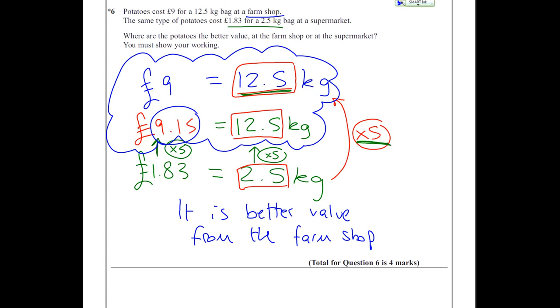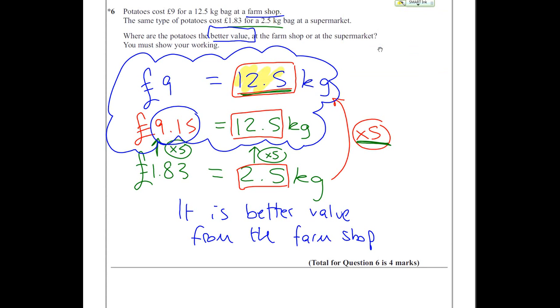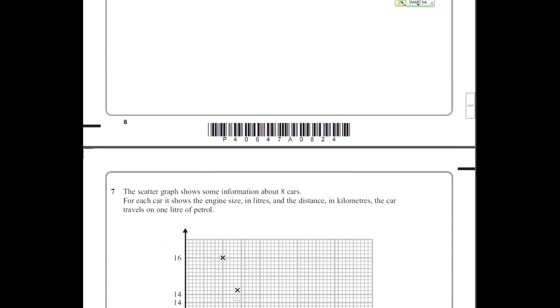So whenever you want to compare value, get them to the same amount, whatever the amount may be. There's different ways to do this question too. You could have also done it by dividing this by 9, this by 1.83 to compare how much you get per pound. There's a lot of different ways to do this type of math stuff.